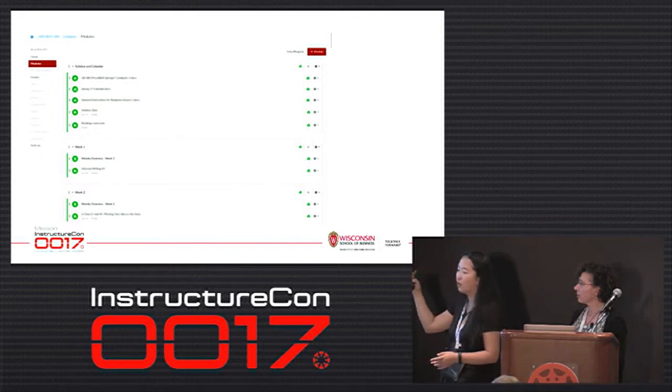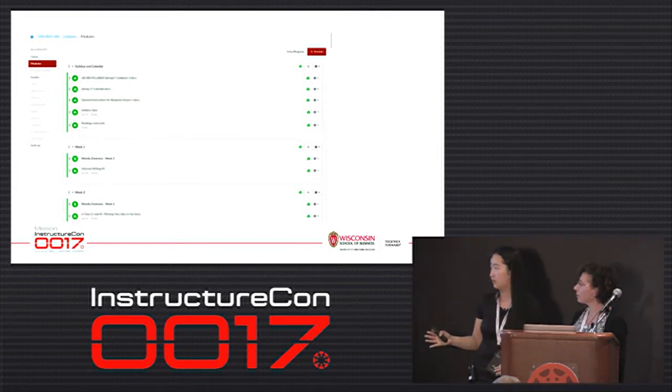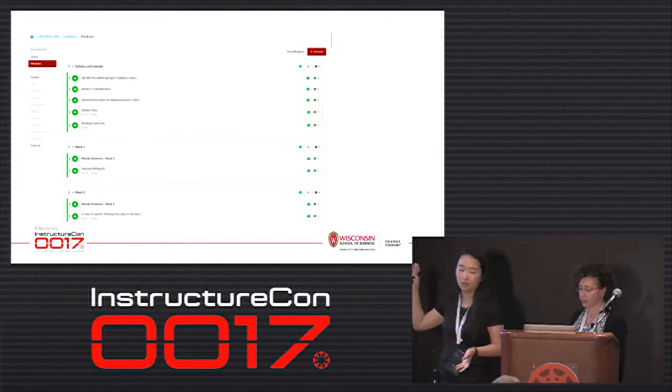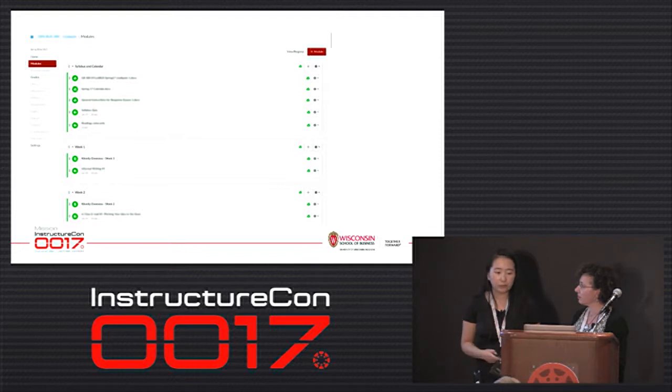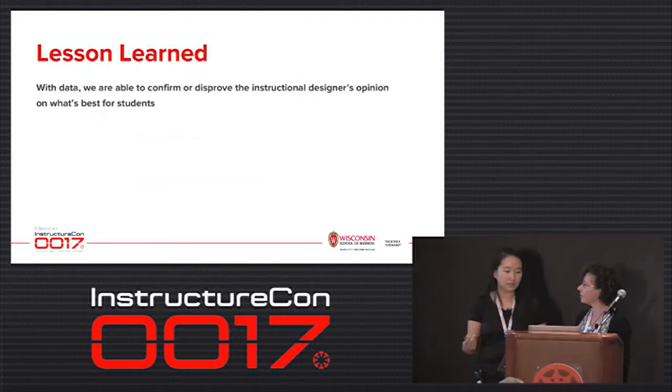After seeing all the readings and files, whatever's linked in that page, he realizes that the assignment is not there, and he remembers that the assignment he just saw was outside, in the module. So he has to go back to the modules, thus creating the duplicated page views, to be able to get to that assignment. So what we learned is that maybe this isn't the best design for our students.